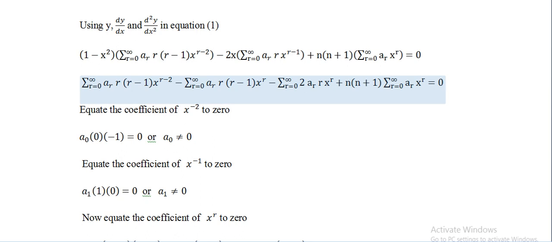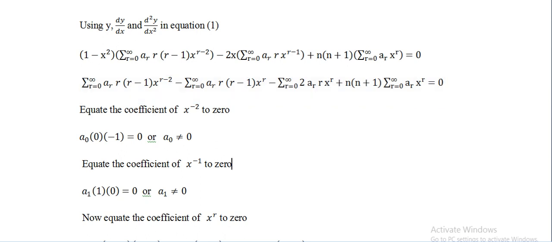So here the power of x is r minus 2. So here also we'll make the power of x as r by replacing r by r plus 2 in the first term. So if you replace r by r plus 2, then only the power of x becomes r here.